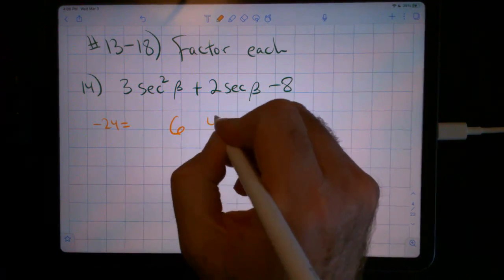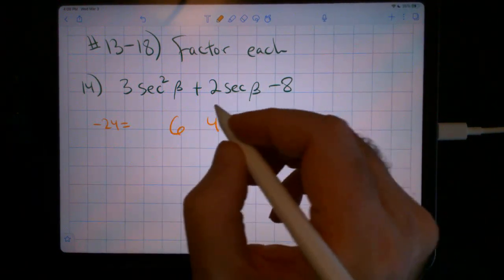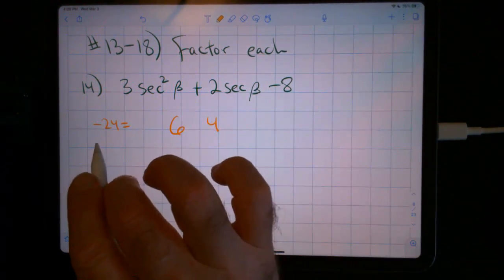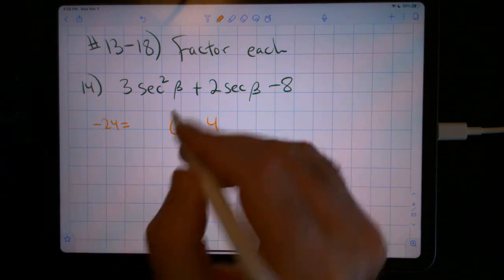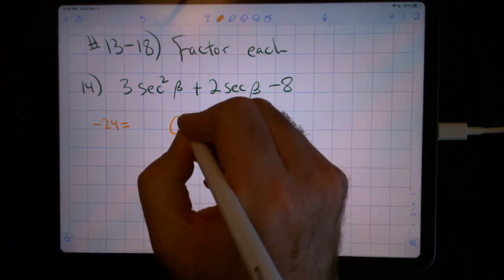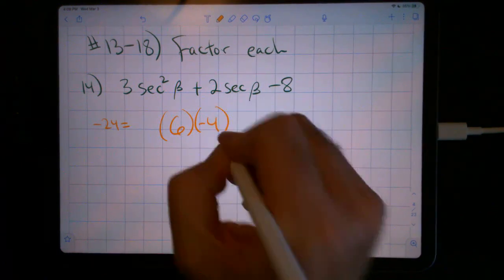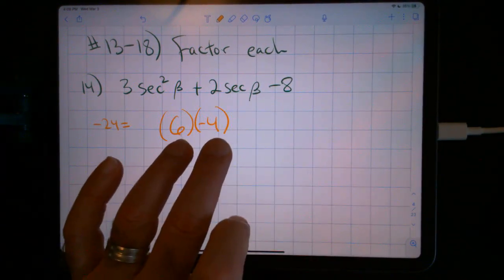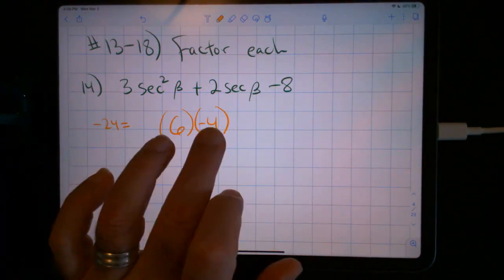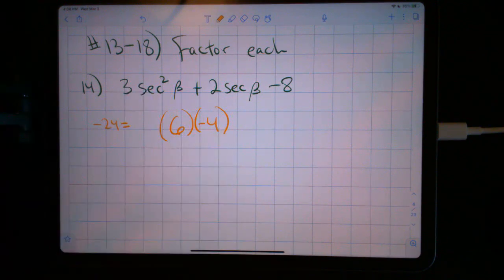Well, we have 6 times 4 is 24. And let's go with a +6 and a -4. Because 6 times -4 is -24, and 6 minus 4 is 2.